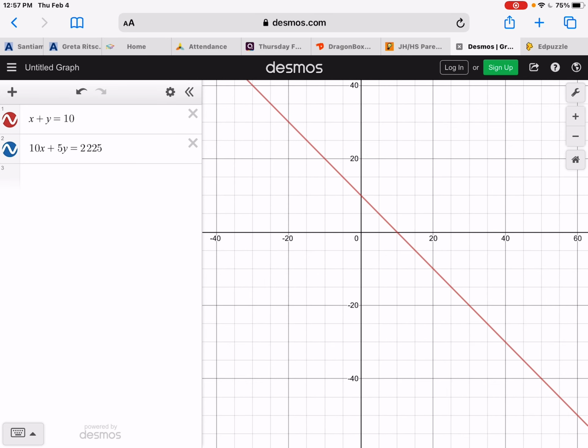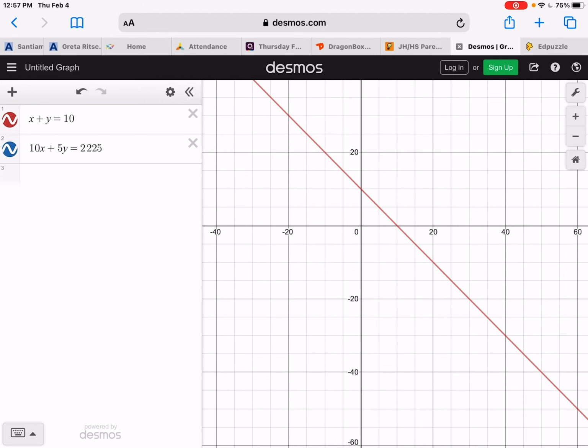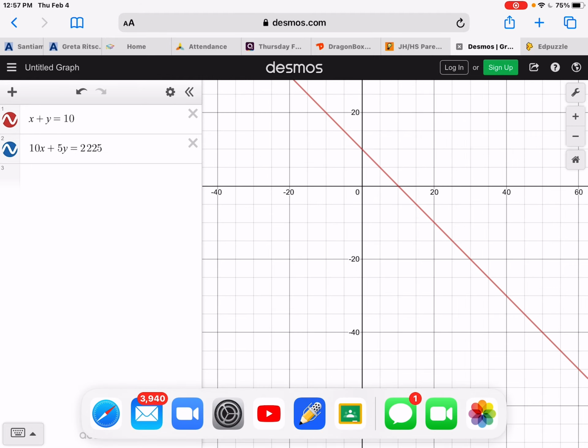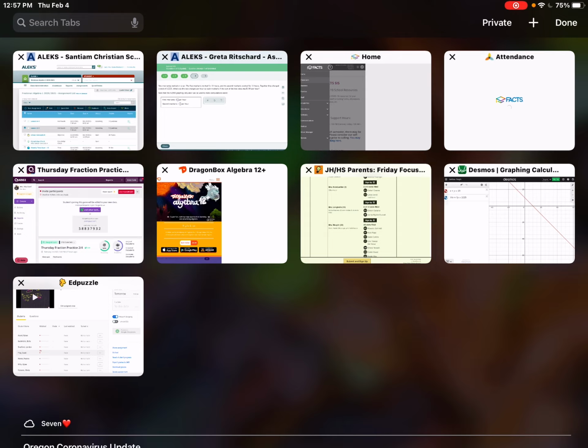It appears that they charge the same rate because it seems like it's the same line, right? 10x and 5y is that. So let's see what that would mean for us in our problem here.